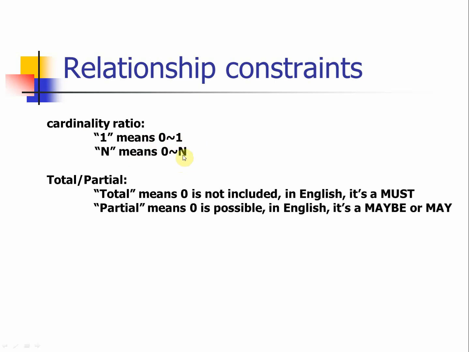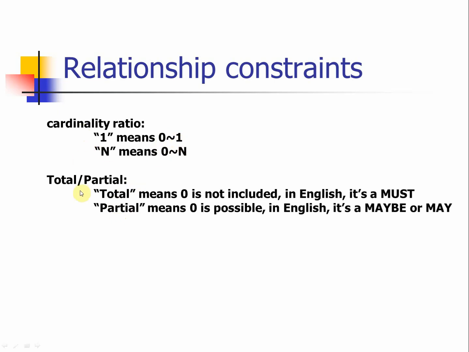So when you put 1 over here, that means it can be 0 to 1. When you put N over there, that means it can be several. Therefore, both of them include 0, indicating that it is possible to be 0 or 1. How do we specify whether 0 is there or not? We need to use the total and partial constraint. If we put a total, which means a double line, that means 0 is eliminated, which says that you have to have exactly 1.